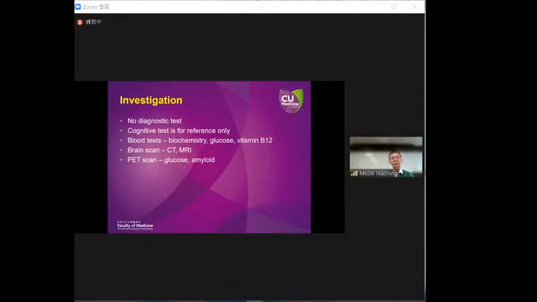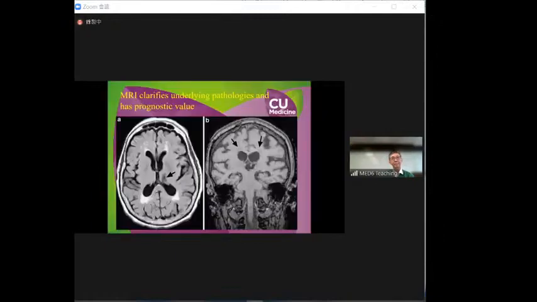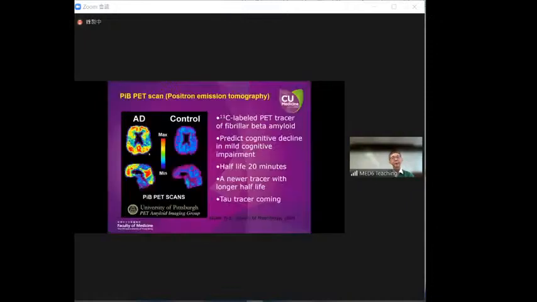If you have Alzheimer's disease, you expect a hypometabolism of glucose in the temporal lobe, and to some extent the frontal lobe. But a more definitive test is the beta amyloid PET scan. I'll come to that. This is a major advance in the last decade or so. For the first time, we're able to diagnose Alzheimer's disease without waiting for postmortem.